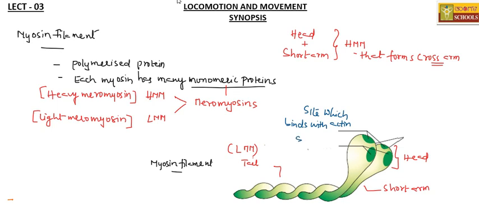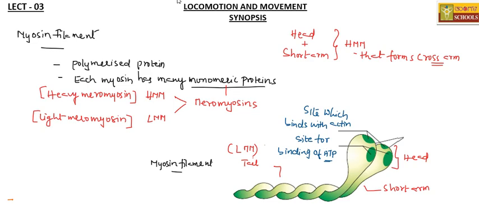Because muscle contraction is an energy requiring process, the energy is obtained from the ATP molecule, that is adenosine triphosphate.